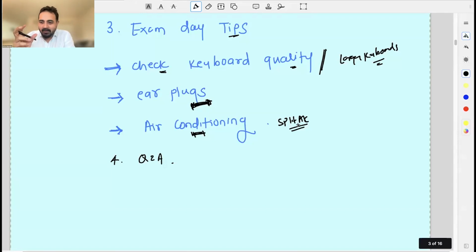I think they have a standard policy, yes, they allow earplugs. At times they give you on the exams. They have a standard policy of keeping 22 degrees Celsius or something like that at the exam center. But I've heard at times it gets too cold. So maybe you carry some clothing with you that will allow you to cover your head, maybe like a hoodie or something. And whenever a seat is allocated to you, if you're not comfortable, let them know, so that at least you're comfortable writing the exams.